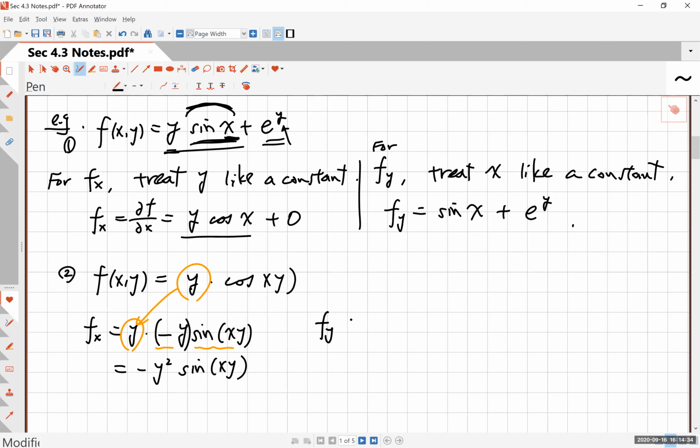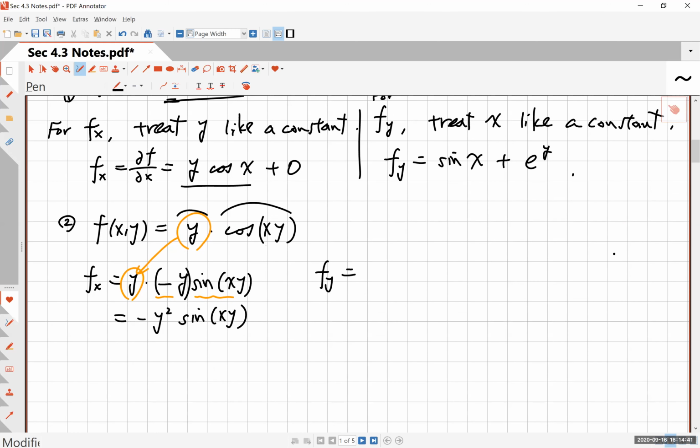F sub y in this case is a little tricky, okay, because you have this times this. Both of them have a y in it. Okay, so guess what? You need the product rule. Okay, the product rule says the derivative, and remember, x is treated like a constant. Anytime you see x, think of 5 or 51 or your favorite number. Okay, so the derivative of the first, that's 1, times the second, plus the first times the derivative of the second.